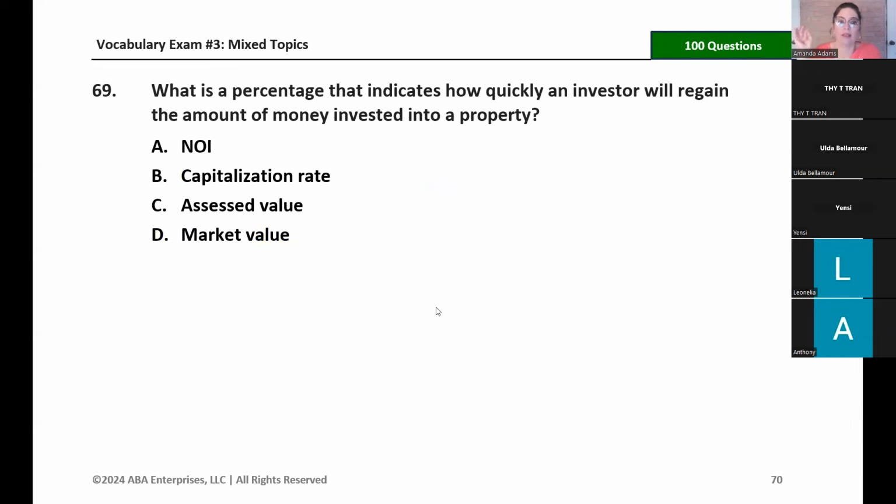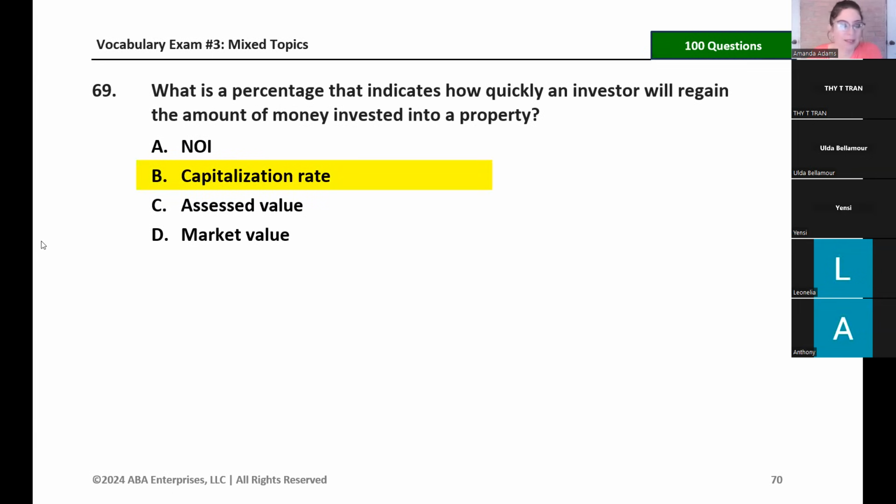Number 69. What is a percentage that indicates how quickly an investor will regain the amount of money invested into a property? Again, this is an appraisal question, and this is concerning the income approach to value. Answer is B, the cap rate.